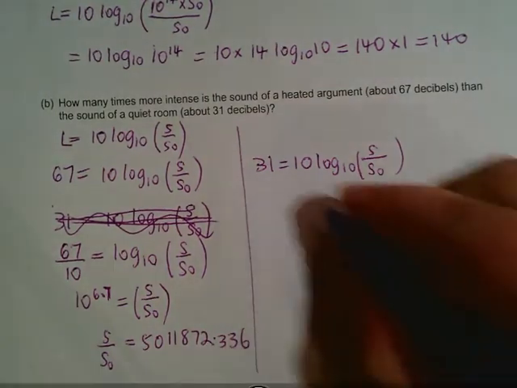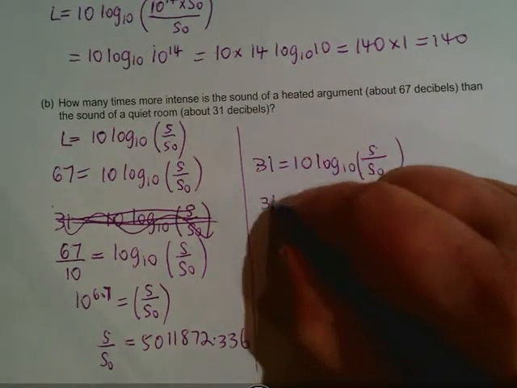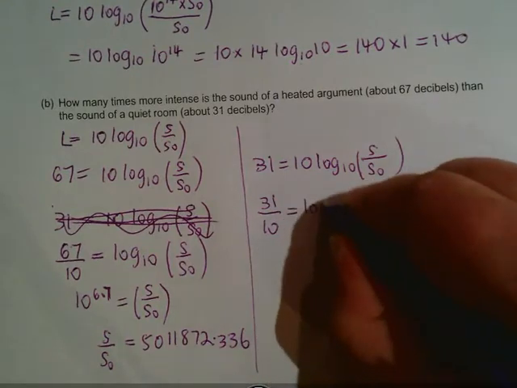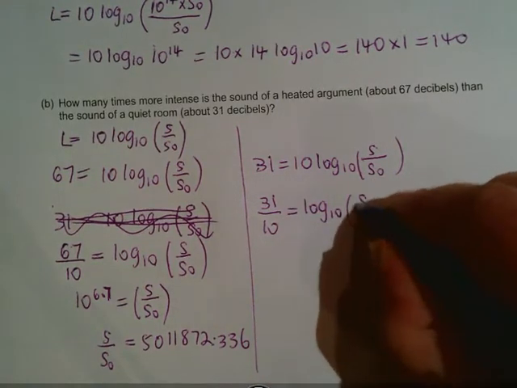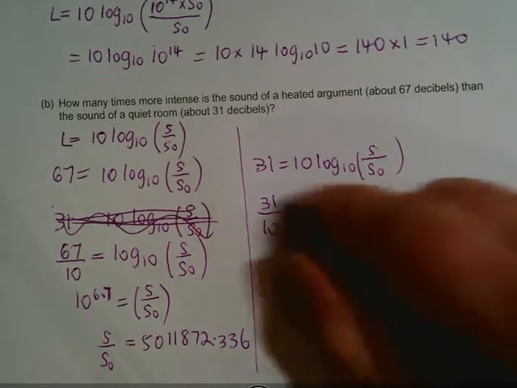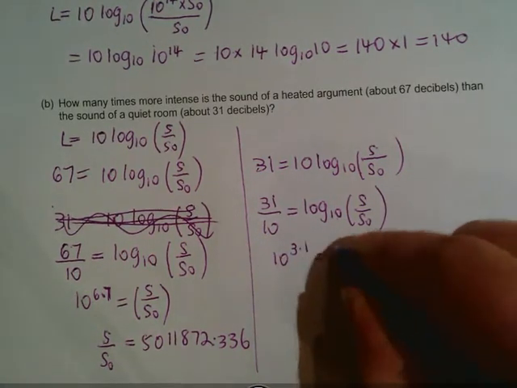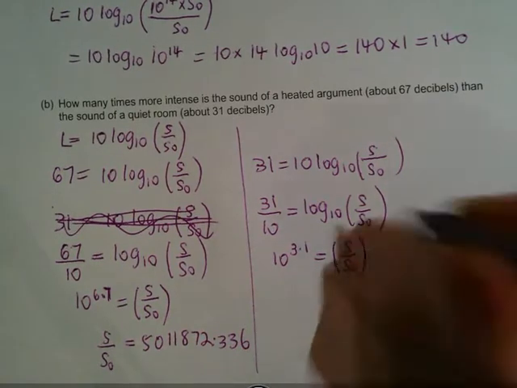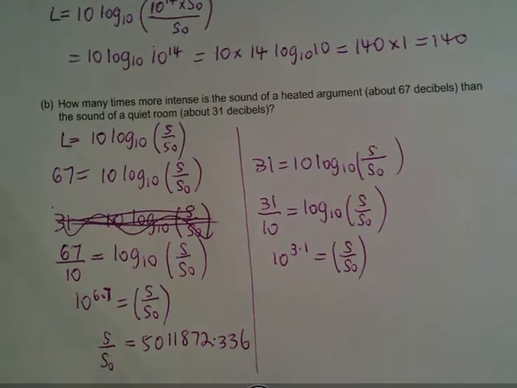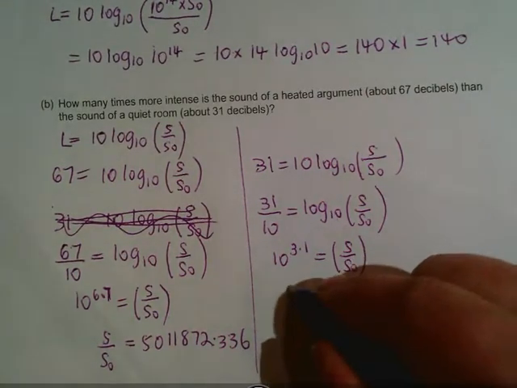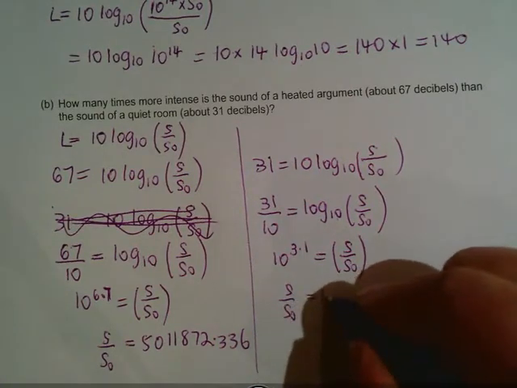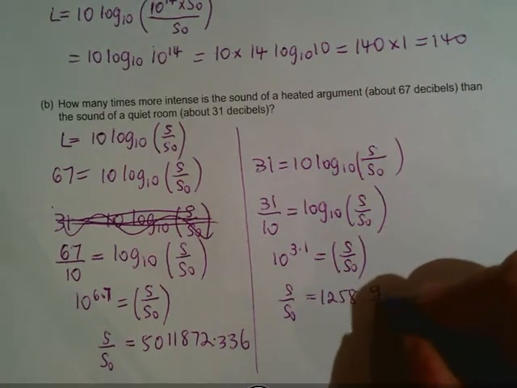And if we look at this one, 31 divided by 10 equals log to the base 10 of S over S sub 0. So this is 3.1, so 10 to the power of 3.1 equals S over S sub 0. Now 10 to the power of 3.1 is 1258.925.